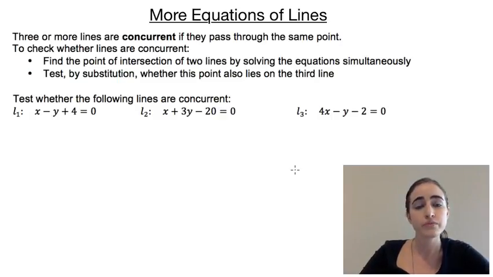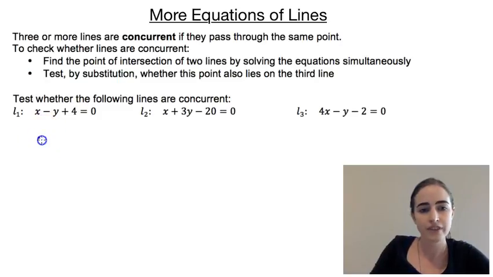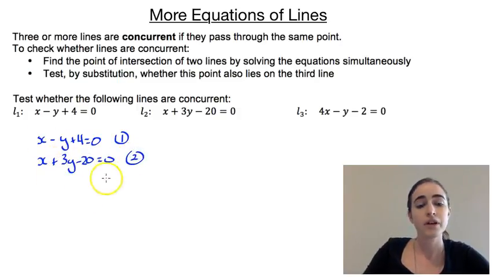So we're going to solve two of them simultaneously. Like I said, it doesn't matter which two you pick. For now, let's pick lines 1 and line 2. So if we have x minus y plus 4 equals 0 as our first equation, and x plus 3y minus 20 equals 0 as our second equation, it's probably going to be easiest to solve those by elimination.